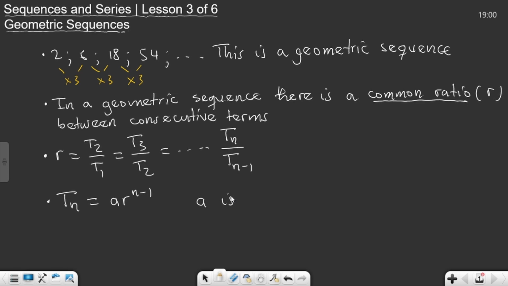A is the first term. You can see even in the previous lesson, A was the first term, and here too, A is the first term. And R, you know, it is our common ratio. So let me write it down. R is the common ratio.